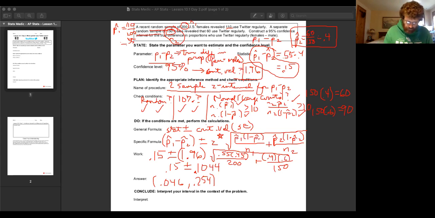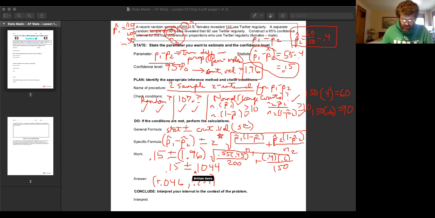It's worth pointing out right now, I'm trying to pause in case you guys are finishing something up. Okay, it's worth pointing out that these are both positive numbers.